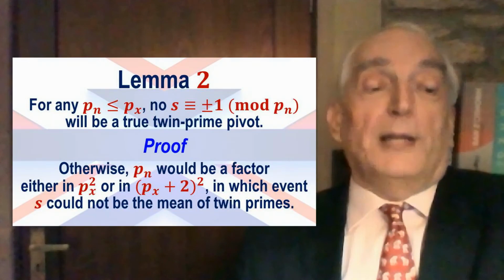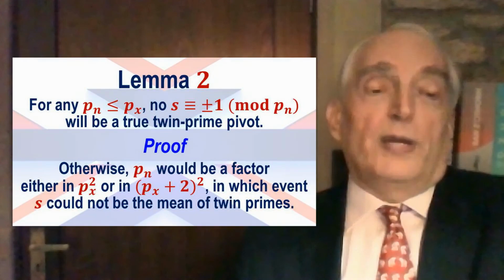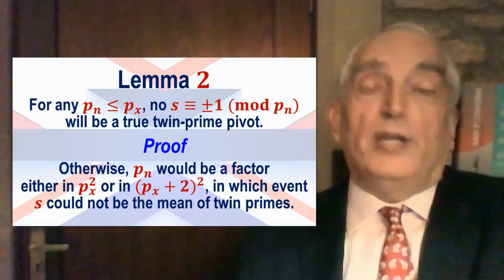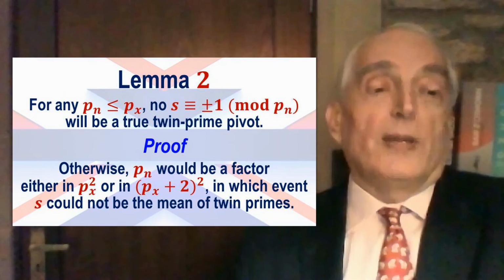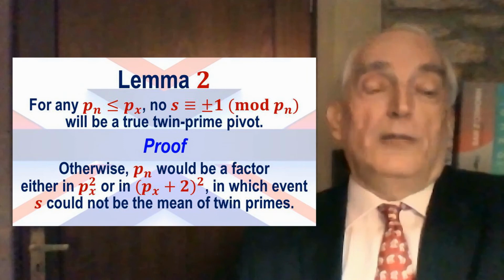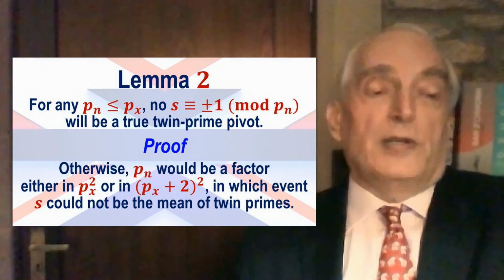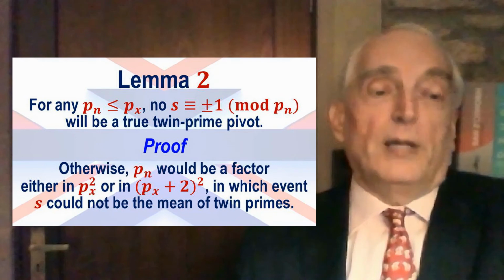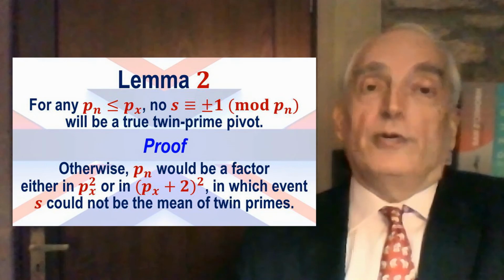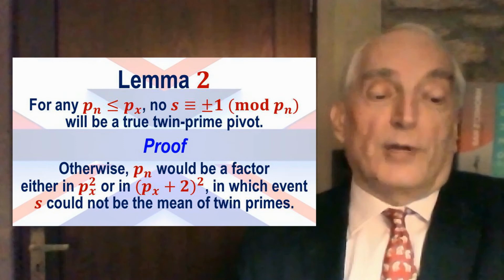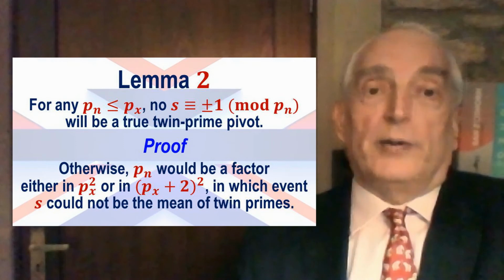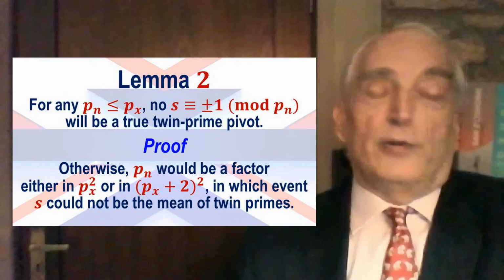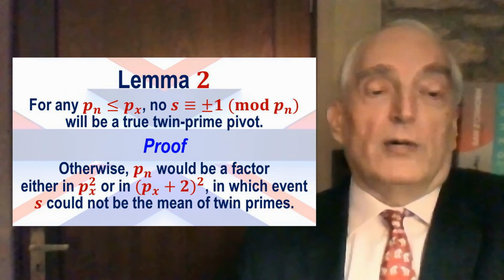We also need a lemma: for any prime pn less than or equal to Px, no even integer s congruent to plus or minus 1 modulo pn will be a true twin prime pivot, because otherwise pn would be a factor either in Px squared or in (Px plus 2) squared, in which event s could not be the mean of 2 primes.